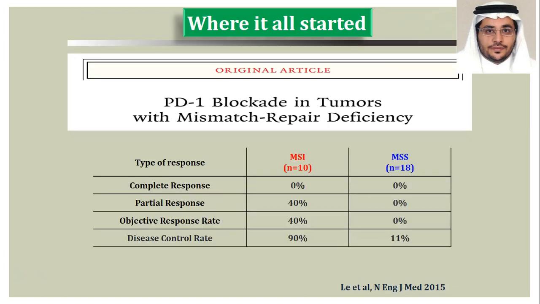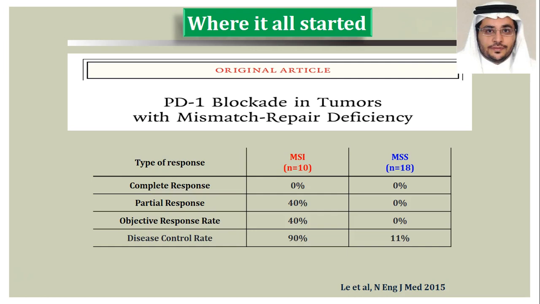The story started from a very simple number. Only 38 patients, and it was published in the New England Journal of Medicine. Those who had MSI, the response reached almost 40% in heavily treated patients with metastatic colorectal cancers, and disease control was 90%.